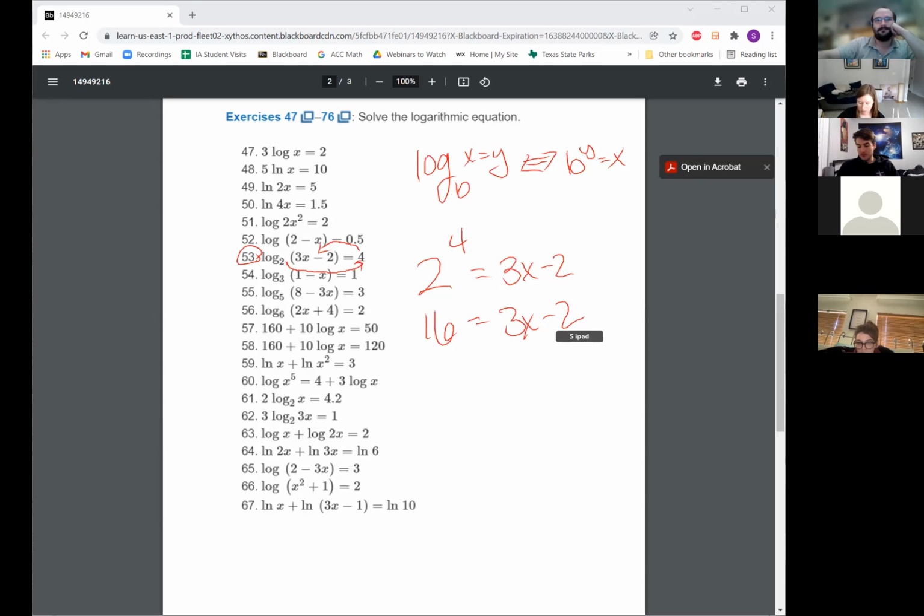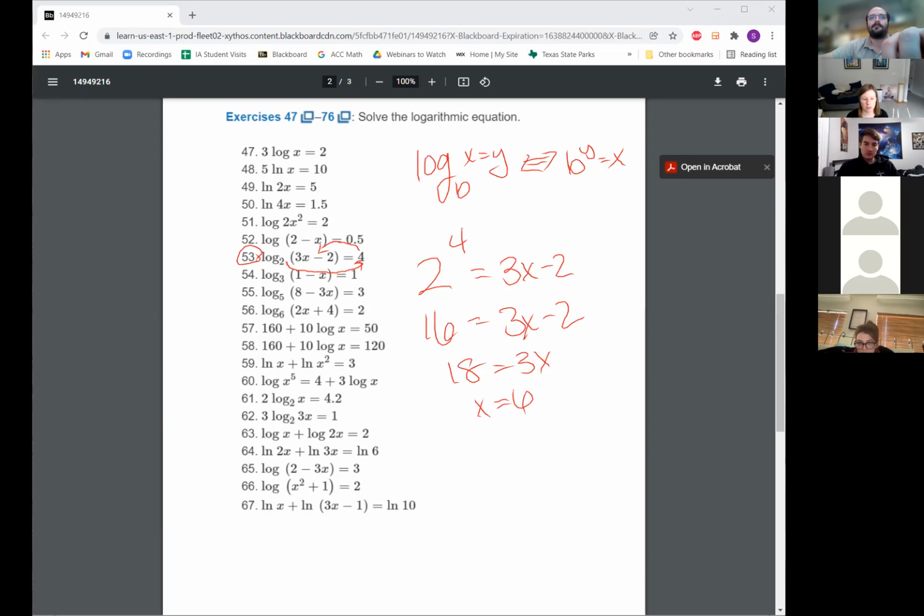Okay, and then you could add the 2. I mean, sorry, it's already subtracting, so add it. All right, and then you would just divide by 3, and that would be 6. Cool. Is that what other students got? Yes. Awesome.